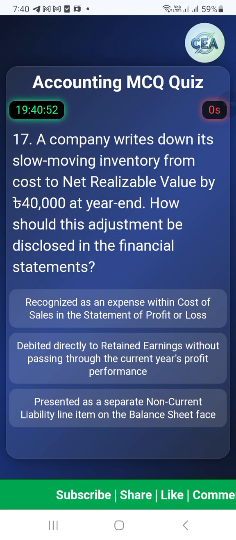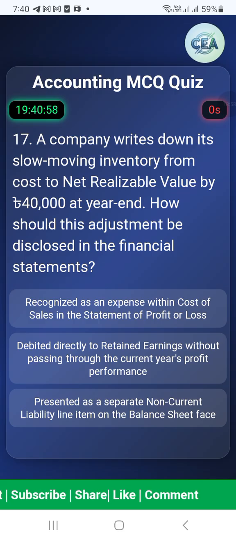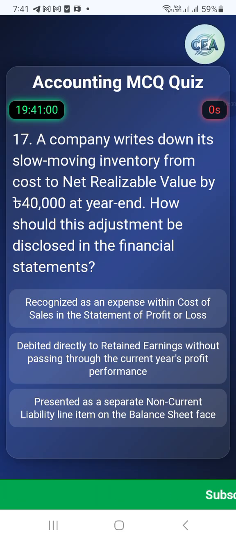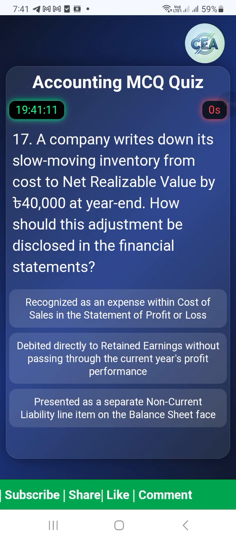17. A company writes down its slow-moving inventory from cost to net realizable value by 40,000 takas at year-end. How should this adjustment be disclosed in the financial statements? Option 1. Recognized as an expense within cost of sales in the statement of profit or loss. Option 2.